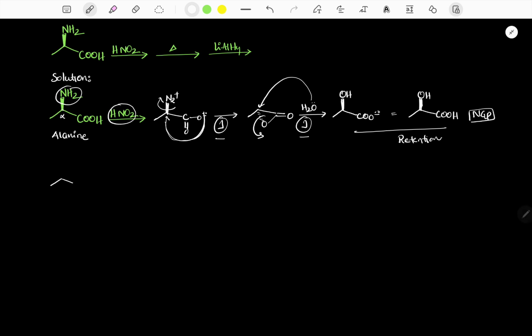Now the alpha hydroxy acid, if I ignore stereochemistry, when heated, we have to take 2 moles.